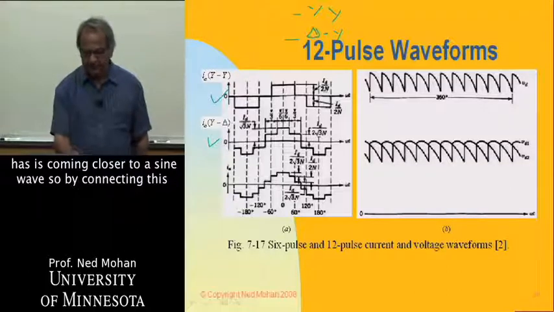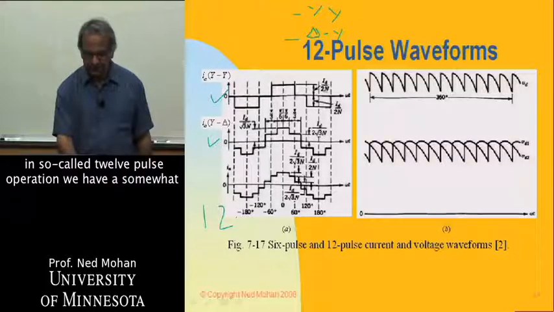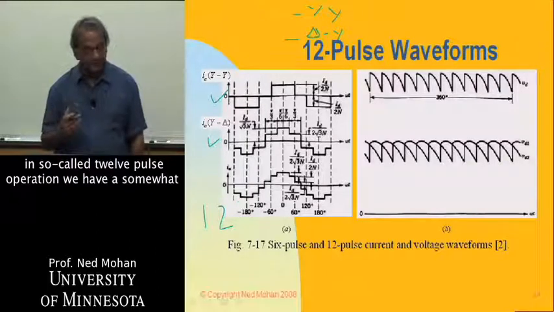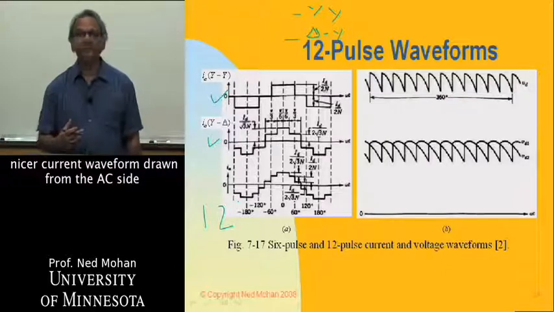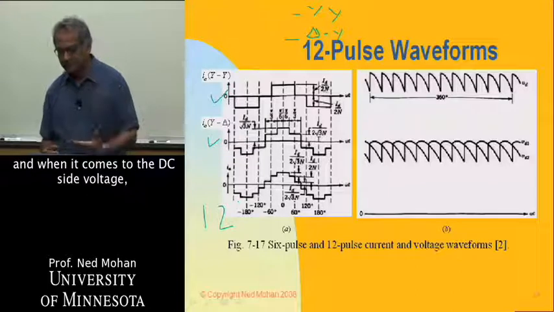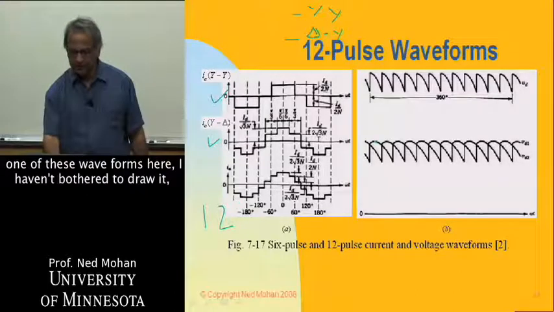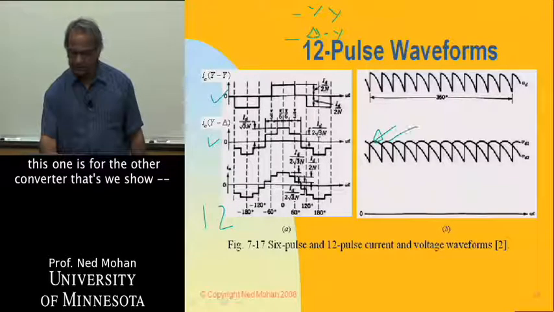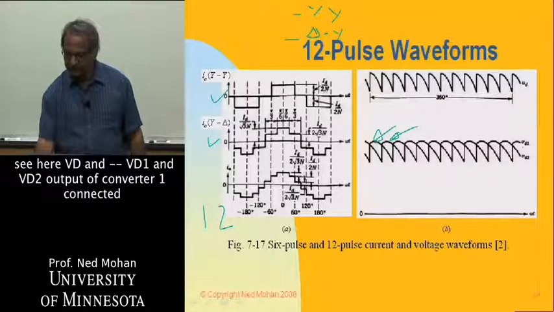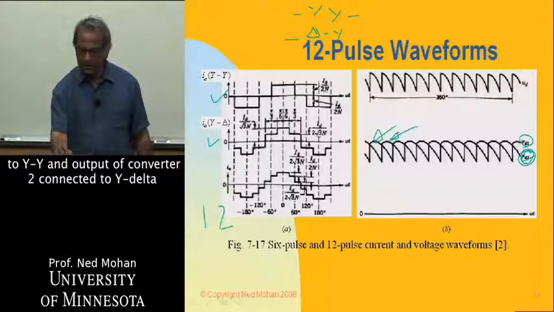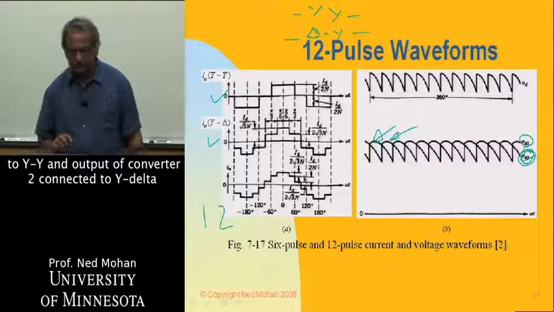So by connecting this in so-called 12 pulse operation, we have a somewhat nicer current waveform drawn from the AC side. And when it comes to the DC side voltage, one of these waveforms here, I won't bother to draw it, is for one of the converters. This one is for the other converter. That's why we see here VD1 and VD2, output of converter 1 connected through YY, and output of converter 2 connected through Y delta.